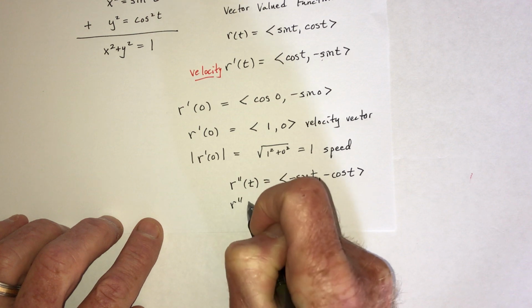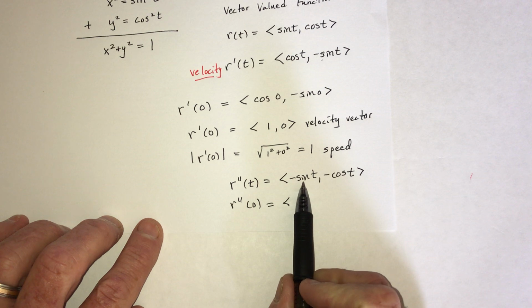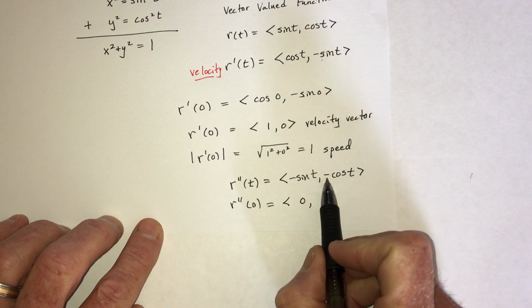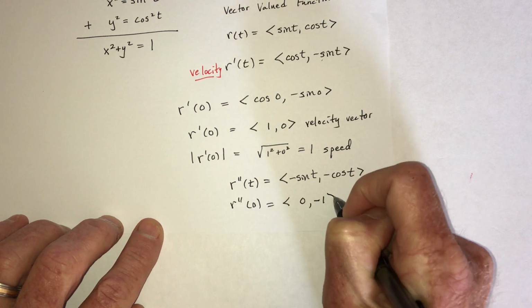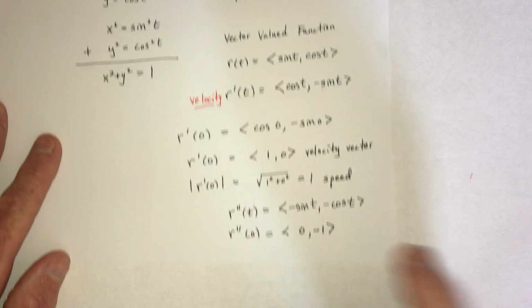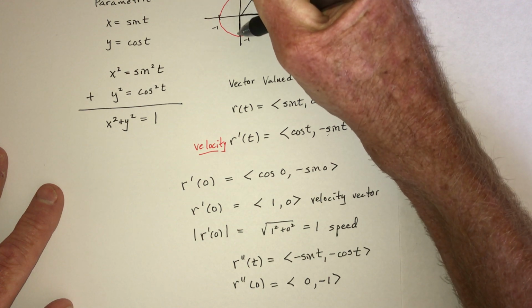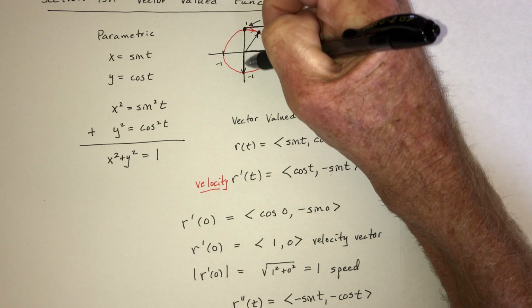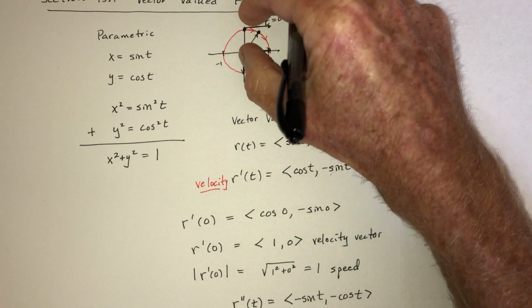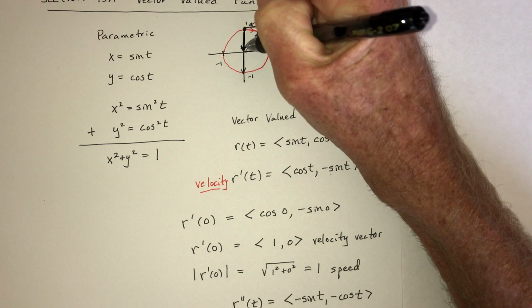And so the second derivative, and again I'm going to use 0, would be sine of 0, which is 0, and cosine of 0 is 1, but then it's got this negative. So what is that? That vector actually goes this way: 0 for x and then negative 1. So it's going straight down. But again, if the object is right here, you can take that vector, copy it, and paste it right here. So the acceleration would be going like this.